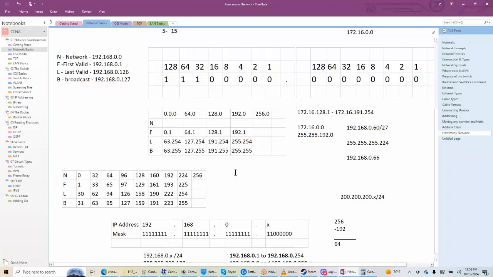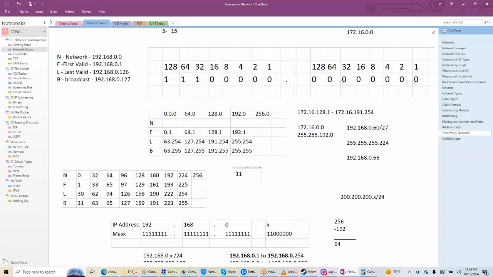Now, if I need 50 hosts per network, then I'm going to focus on the hosts themselves, right?